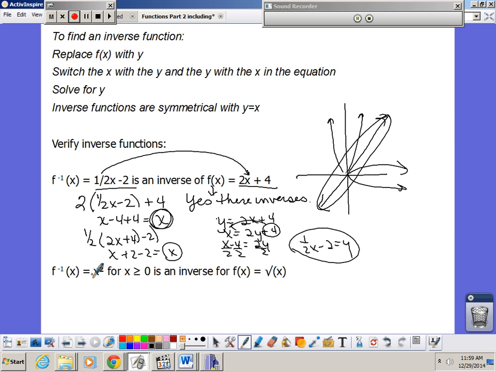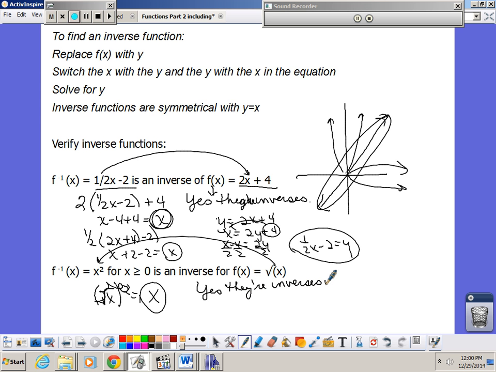And I can see if I get the other side. Is this the inverse of this? So I'm going to plug it in. I take the square root of x and square it. I take this one and plug it in here. This goes away and I get x. As long as I end up with x at the end, I have an inverse. So yes, they're inverses. I didn't even spell this right.